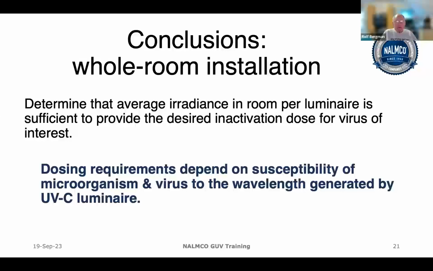There are other ways to get the average irradiance that are better, but that average irradiance needs to be compared against requirements on susceptibility of microorganisms to irradiance values generated by UVC luminaires in the low wavelength region, like the excimers, that will say that the luminaire is effective and it's still safe.